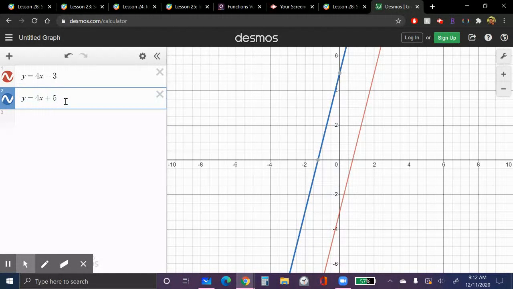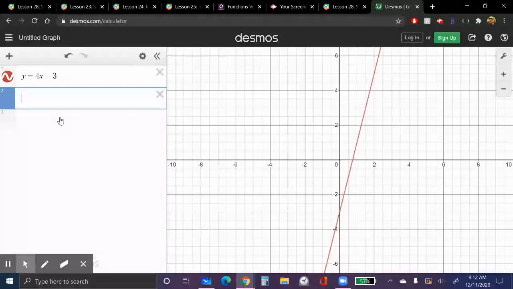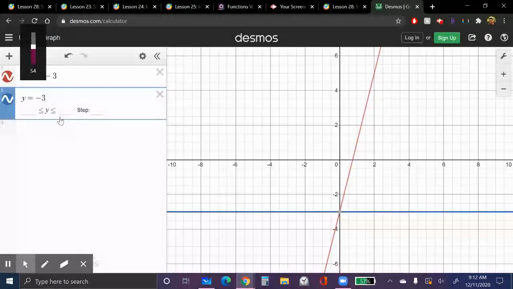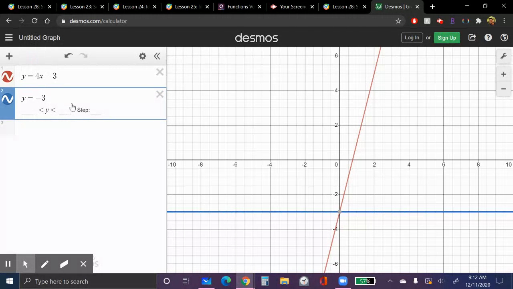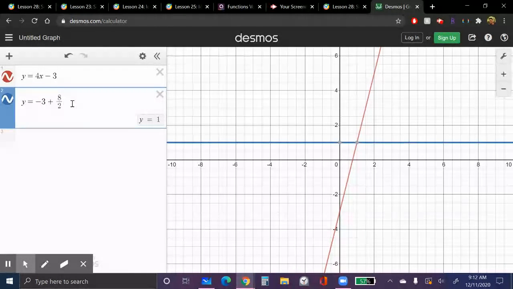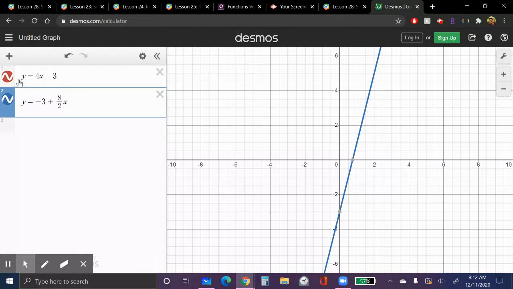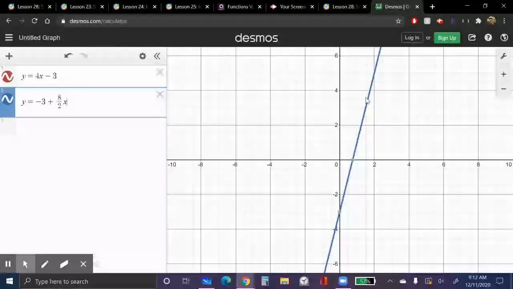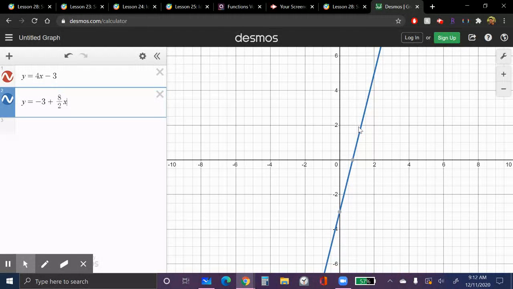For example, if I did y equals negative 3 over 2 x, see, you don't see the red line because the blue line is lying right on top of it. So in that case, there would be infinite solutions.